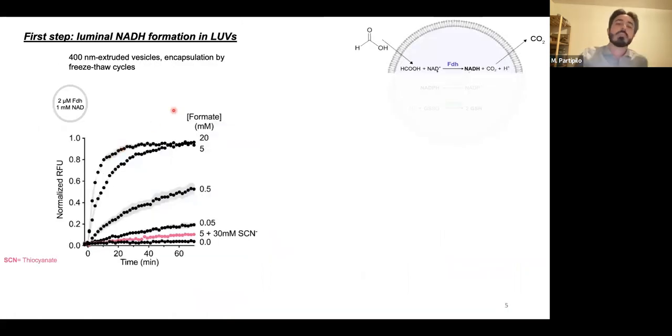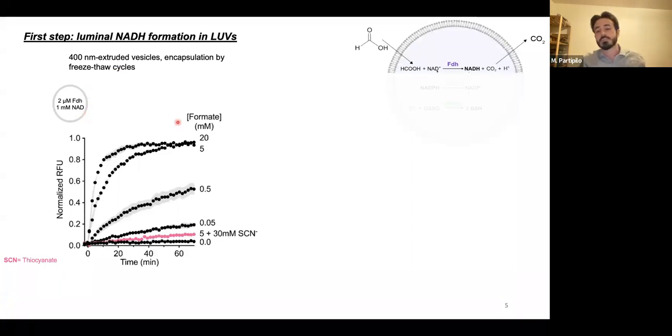So the first step was, of course, trying to understand if we could carry out the reduction of the initial pool of NAD+ into NADH by the action of the formate dehydrogenase, FDH. This is why we started to work with large unilamellar vesicles extruded with the 400 nanometer filter, and we encapsulated in these vesicles a fixed amount of formate dehydrogenase and NAD+.